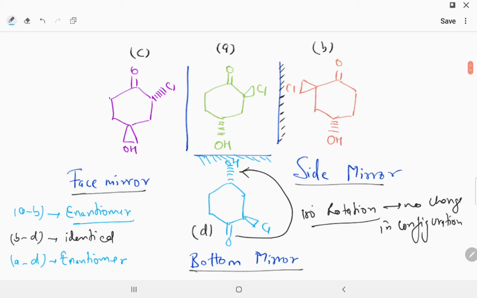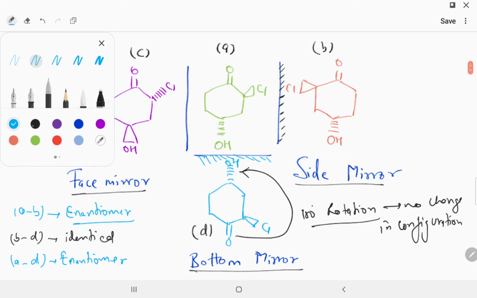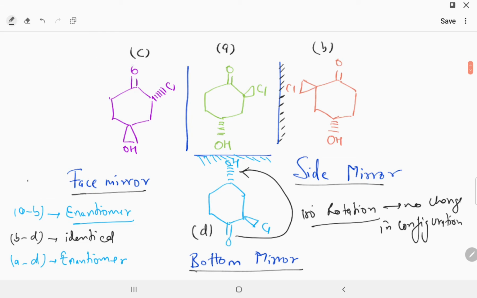Now if you look at C, on this vertical plane I rotate it 180 degrees on the vertical axis.